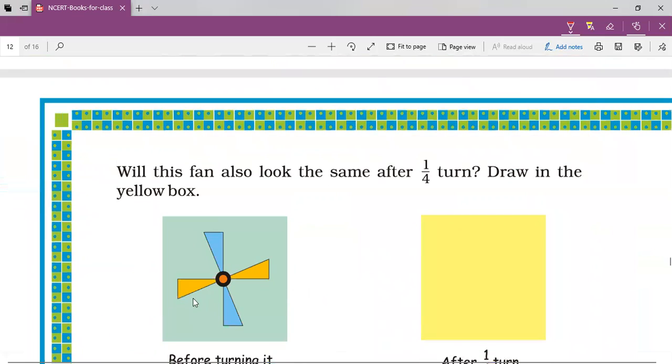What you have to do is draw. Here they have given two colors: one is yellow, and one part of the fan contains blue color. You have to draw in a yellow box the 1/4 turn of that fan. If I draw this fan like this, which color is blue?